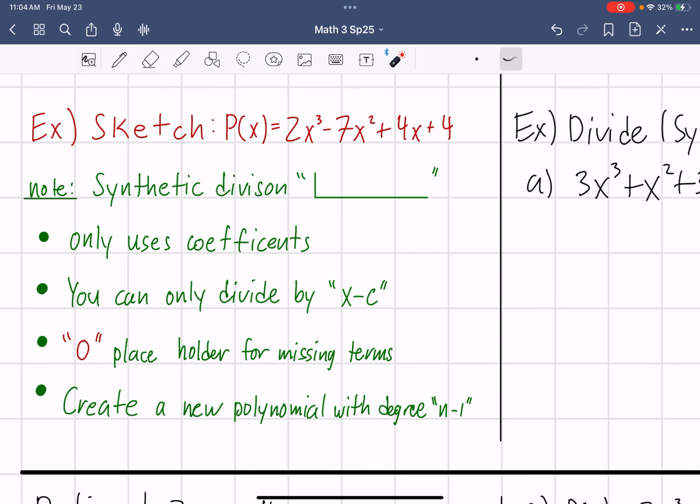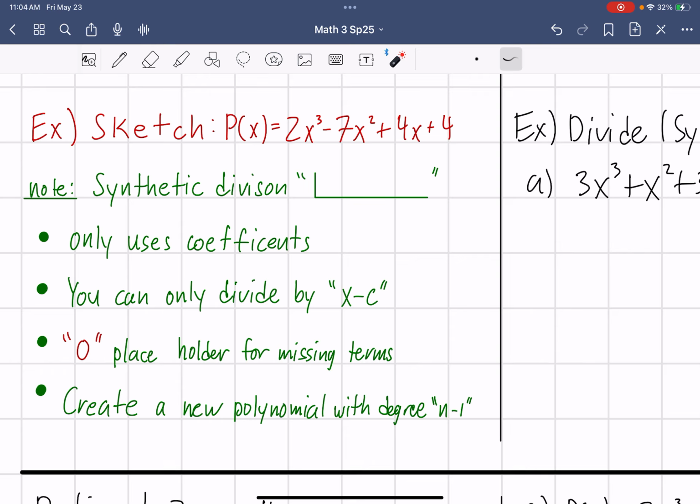Some nuances about synthetic division: remember, a polynomial is written in descending order, so 3, 2, 1, 0. If any of these powers are missing, we will use 0 as a placeholder for any of those missing terms, because you're going to notice synthetic division has this pattern, and if you're missing a term, it's going to throw the pattern off.